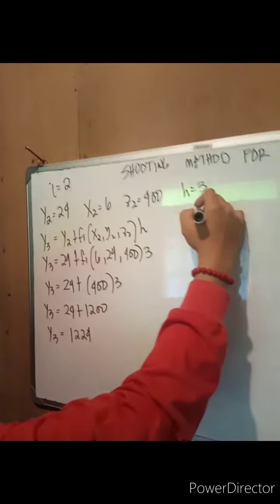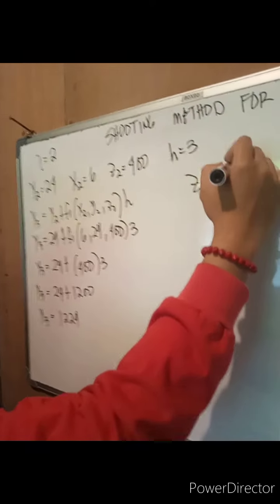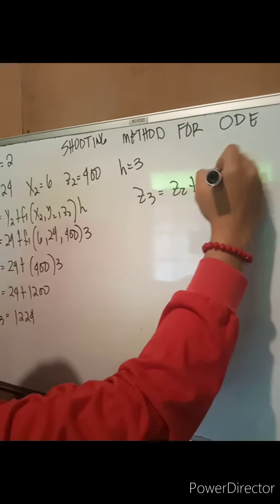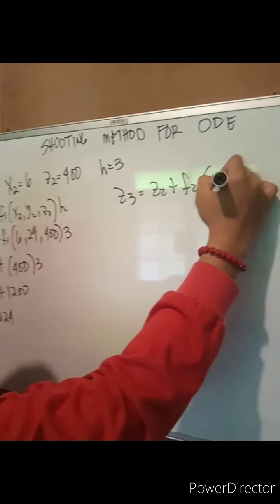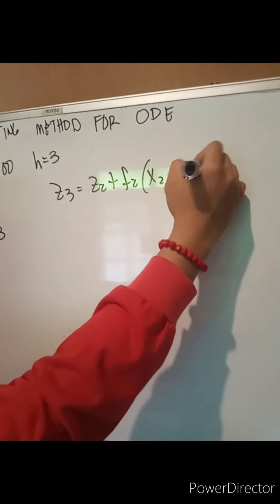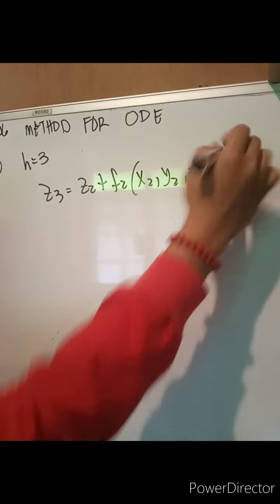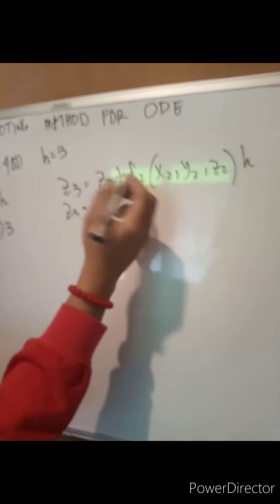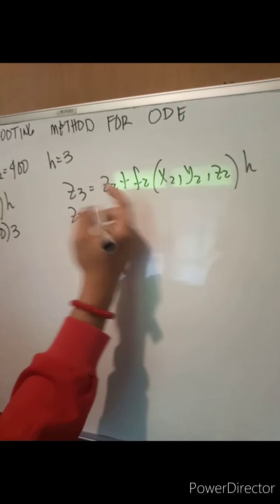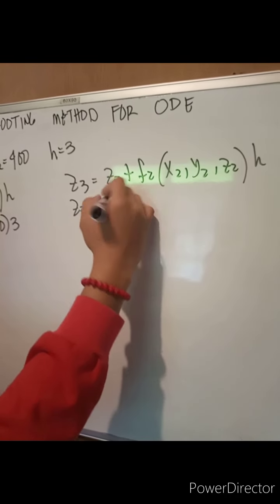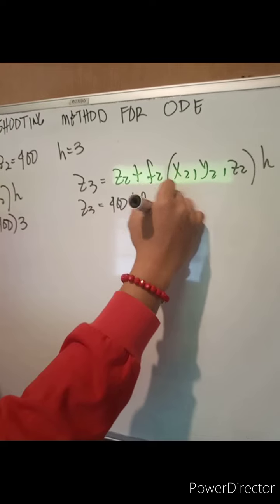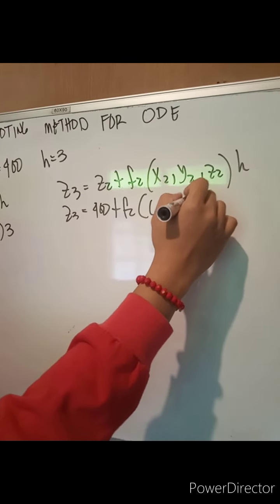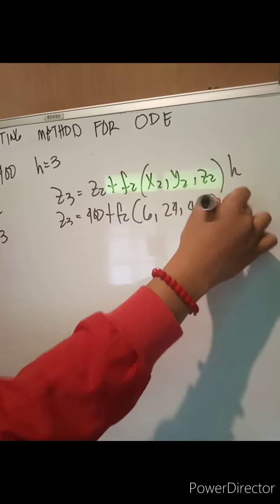Ito naman sa z sub 3 is equals to z sub 2 plus function ng 2 (x sub 2, y sub 2, z sub 2) times h. So yung z3 natin is equal to z2 natin is 400 plus function ng 2 (6, 24, 400) times 3.